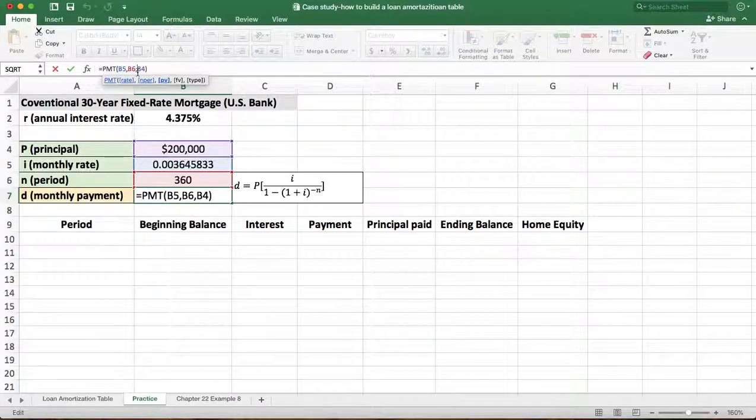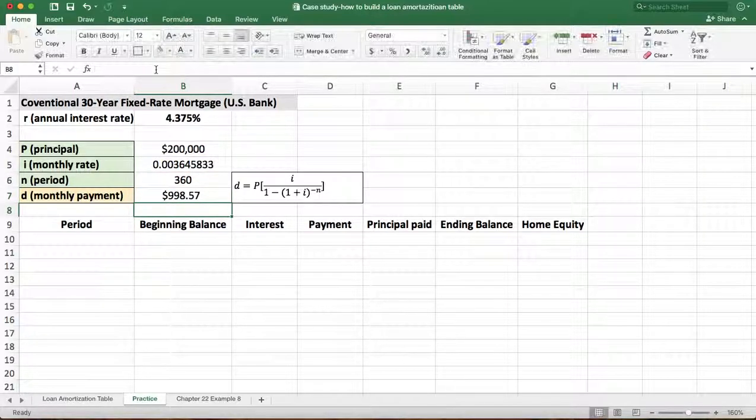Look at the formula bar here. We just type a negative sign in front of the present value and return. We got a positive number because we get used to a positive number.